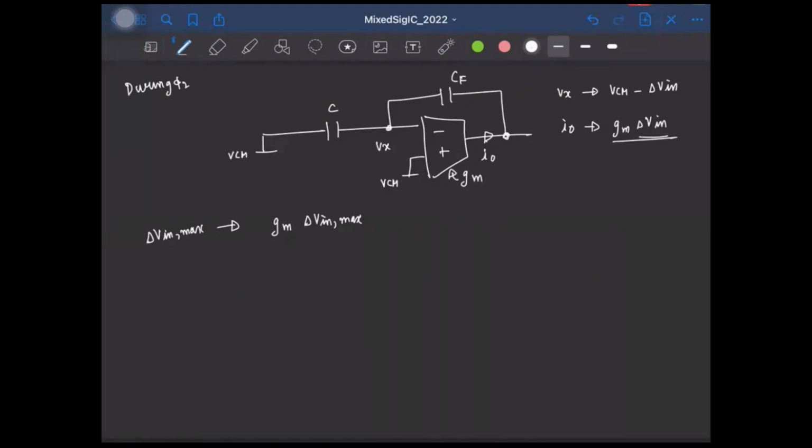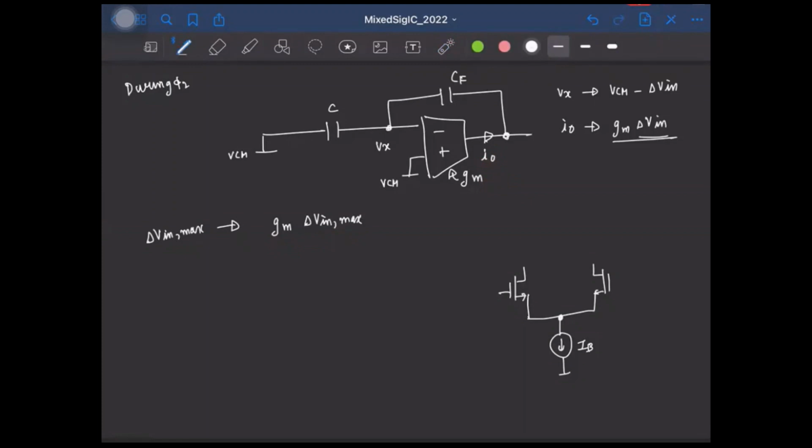Okay, so one way to bias this OTA is to make sure that the bias current here is at least equal to this current, right? So if we take our differential pair, we can make sure that the bias current IB here is at least equal to this maximum current of Gm delta Vin max. This will ensure that the OTA has enough bias current to source or sink this maximum current.